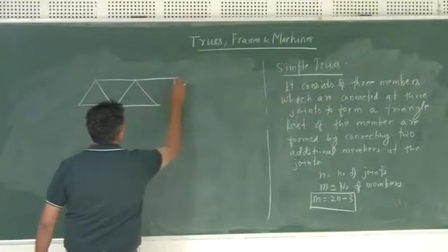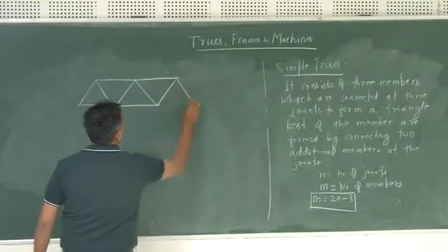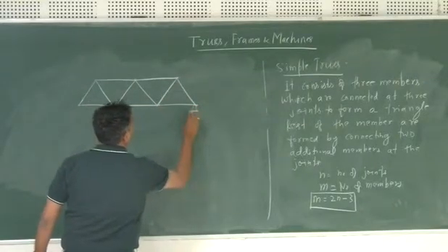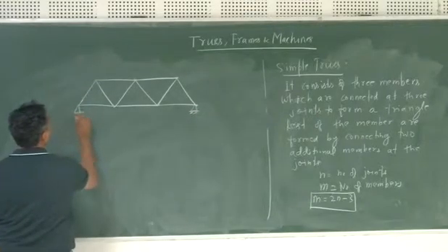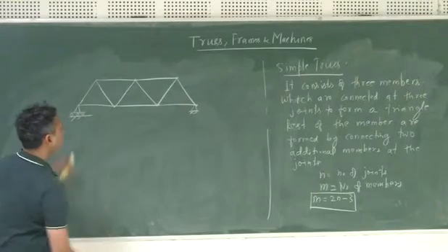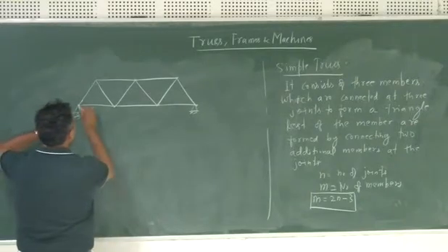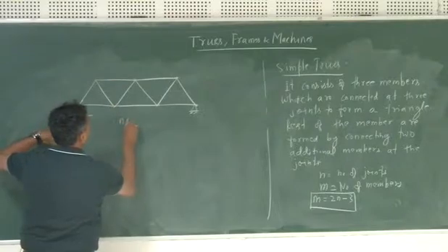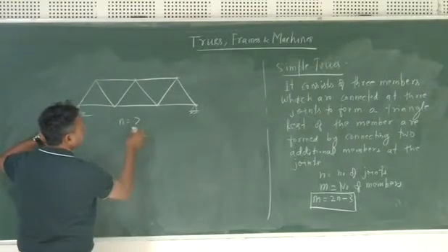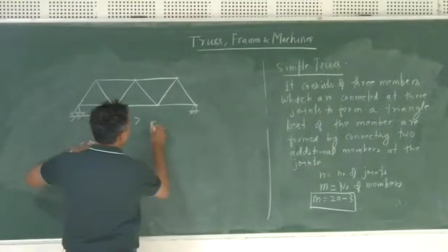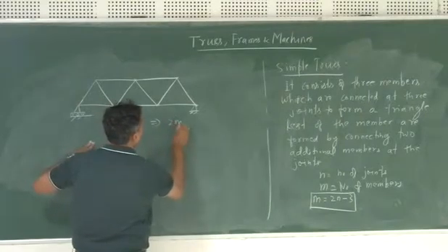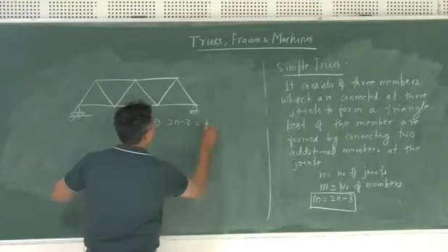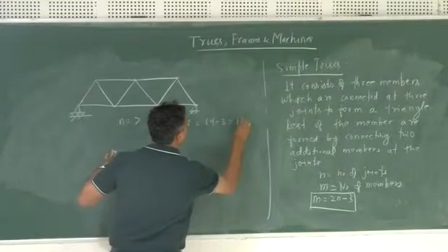For example, let us take one example of this kind and see if it is simple. Let us say here it is fixed. How many joints are there? 1, 2, 3, 4, 5, 6, 7. So n is 7. So your 2n minus 3 will be 14 minus 3, which is 11.